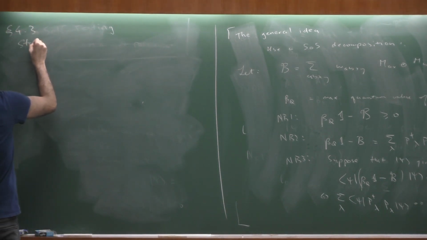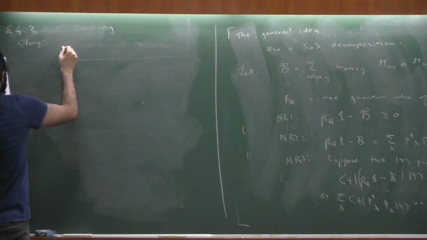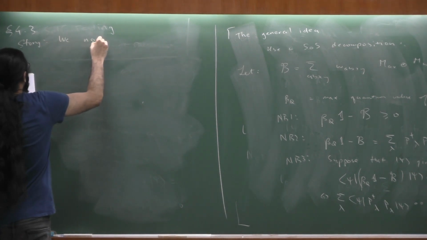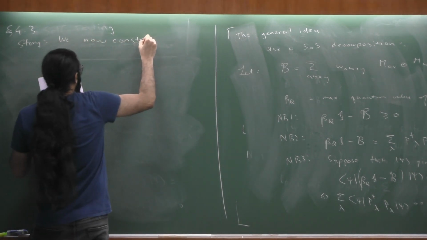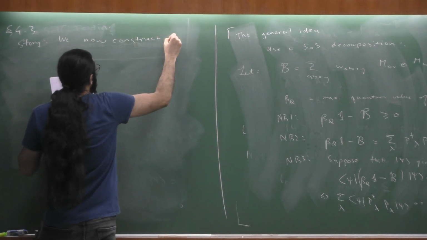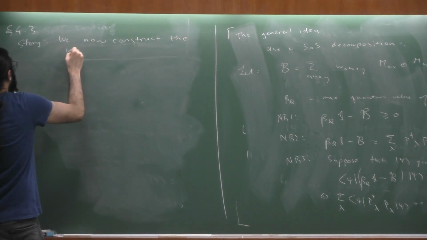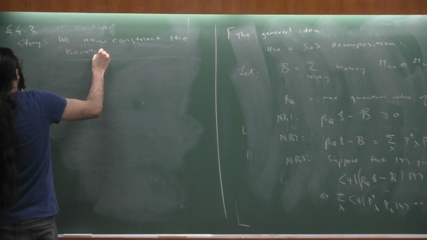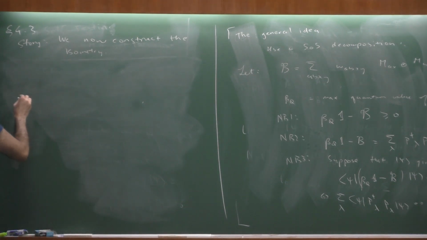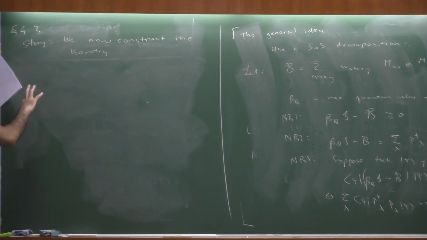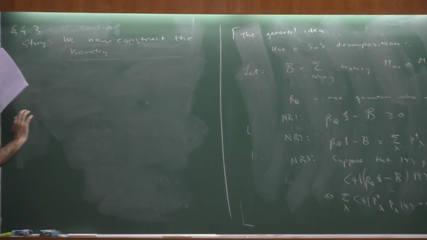All right, so now we construct the isometry. I'll first give you the construction, then we look at why this construction might work, and then we'll prove that it works.